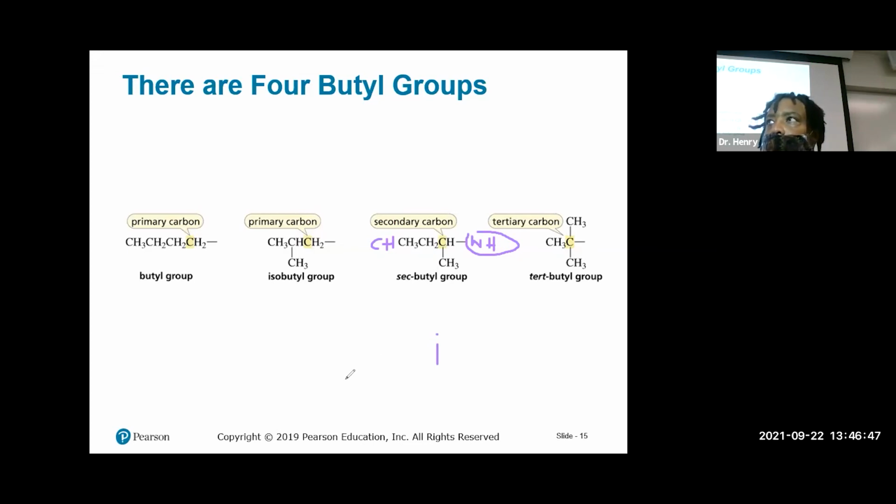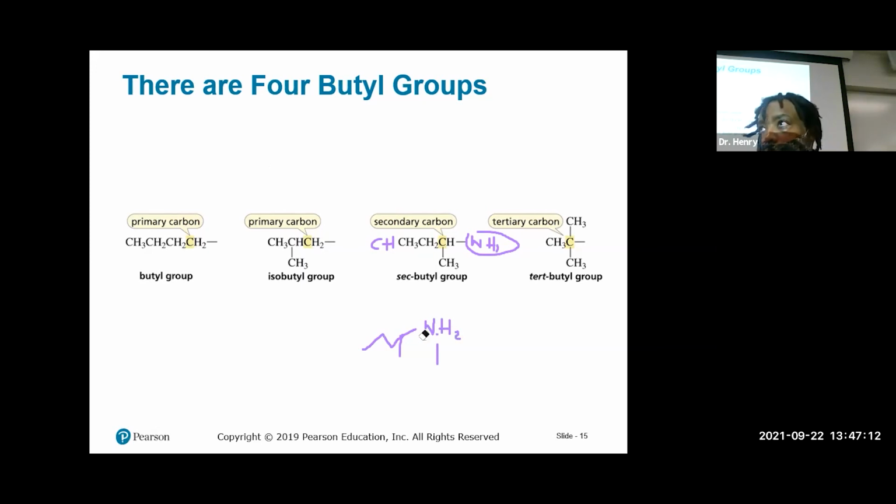Okay. Sorry. So that's 1, 2, 1, 2, 3, 4. And then we'll have a methyl, and then we'll have an amine. NH. You're saying draw it like this?